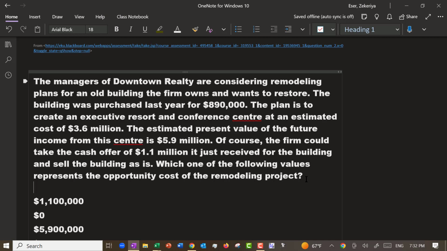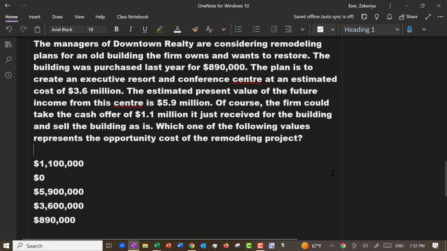What do you guys think? Now, remember, opportunity cost is what would you do if you didn't do this project? 1.1 million, because the building is already belonging to the firm.